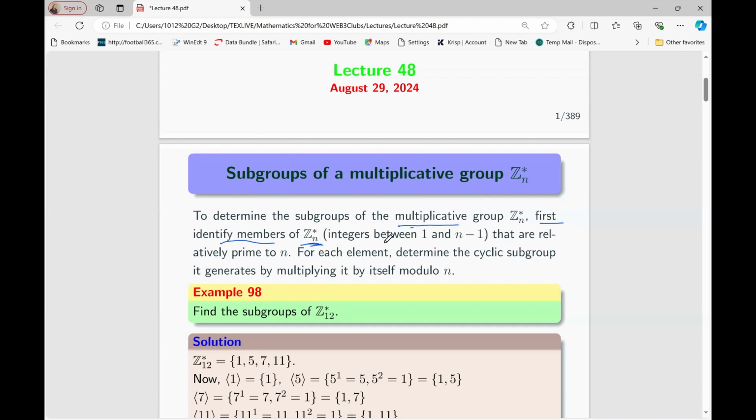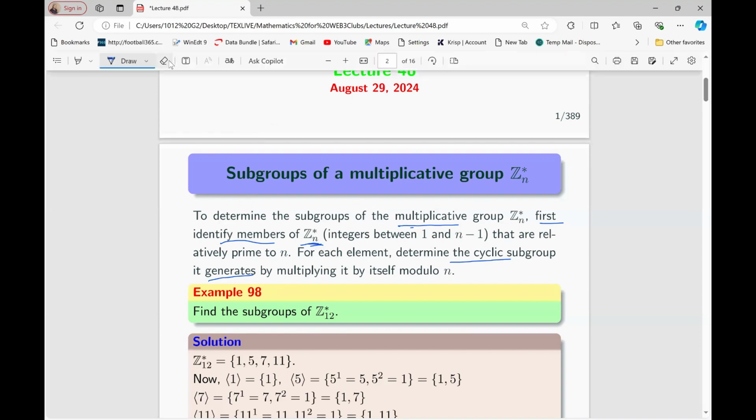The second thing we'll do is to determine the cyclic groups generated by each of those integers. Those cyclic groups are what we call the subgroups of this group. So I'll go through the examples. And of course, when we're writing the code, that's what we'll be doing.